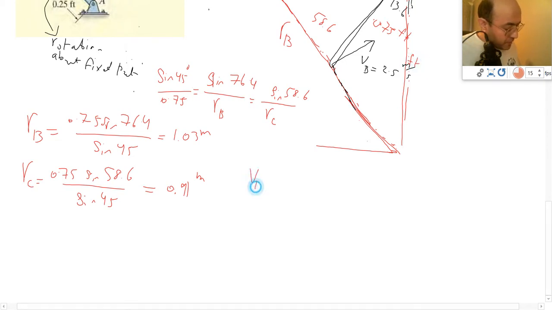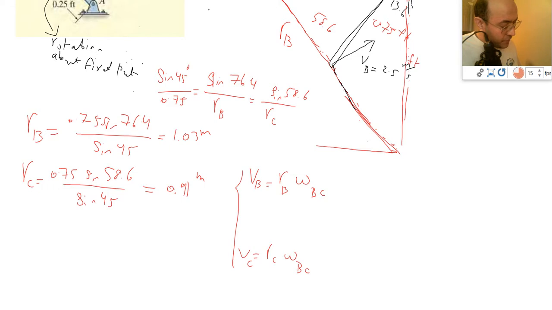Now the bar that we are talking about is bar BC. So velocity of B is equal to RB times omega BC. Same thing here, velocity of C is equal to RC omega BC. Now velocity of B is 2.5, equal to 1.03 omega BC. From here, omega BC is equal to 2.24 radian per second.